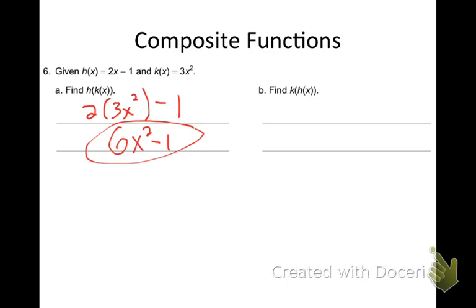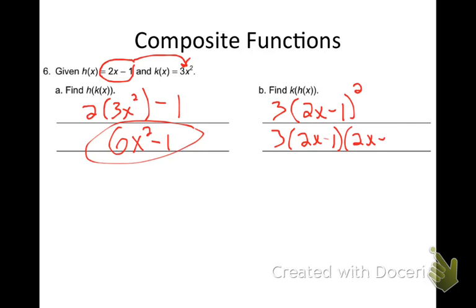What's different about B? Now I'm taking h of x and plugging it into k of x. So I get 3 parentheses 2x minus 1 squared. What does it mean to be squared? It means that I take it times itself. So it's 3 parentheses 2x minus 1 times 2x minus 1, which means now I need to FOIL: first, outer, inner, last.